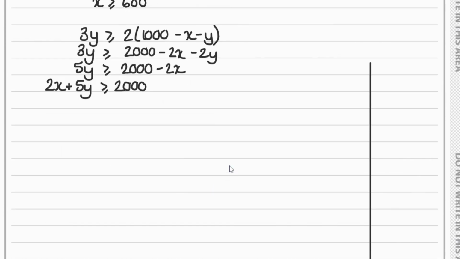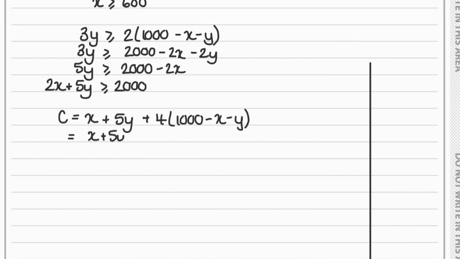And then finally, we've got our objective function. C was equal to x plus 5y plus 4z, which is 1,000 minus x minus y. That's x plus 5y plus 4,000 minus 4x minus 4y, which tidies up to give me y minus 3x plus 4,000. So I'm now going to write my final statement.